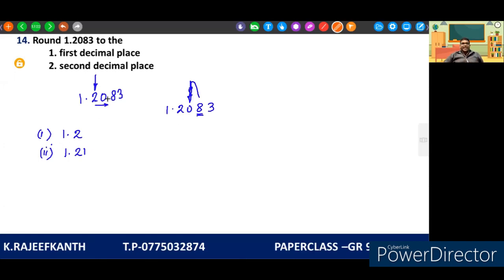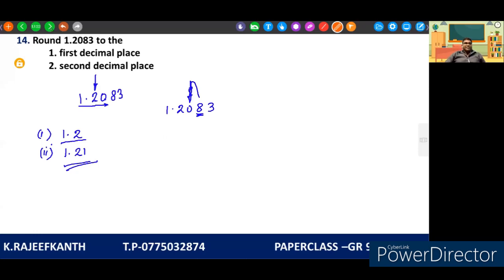Here this is 0, that is less than 5, no need to add anything. Then directly we can write 1.2. Here we are rounding to the second decimal place. Here the next digit is 8, that is more than 5. If it is more than 5, then we have to add 1. Then 1.2, here 0 plus 1, 1. Then 1.21 is the answer.